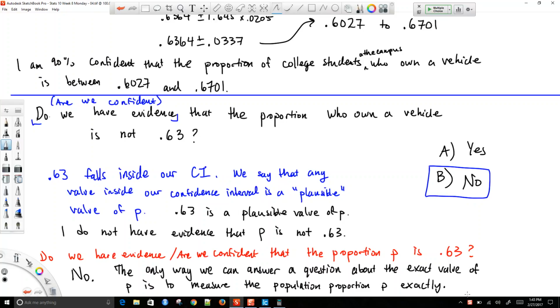Okay, which defeats the whole point of trying to use a sample of statistics to answer questions about the population.